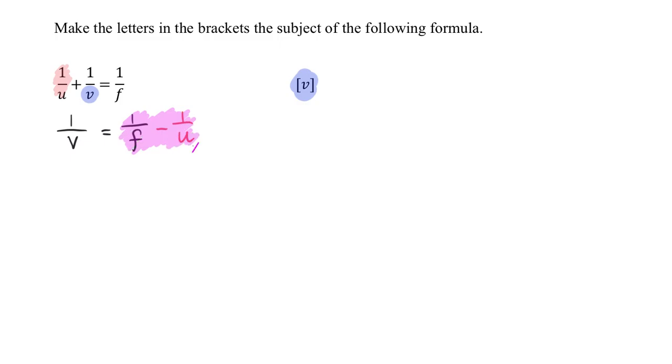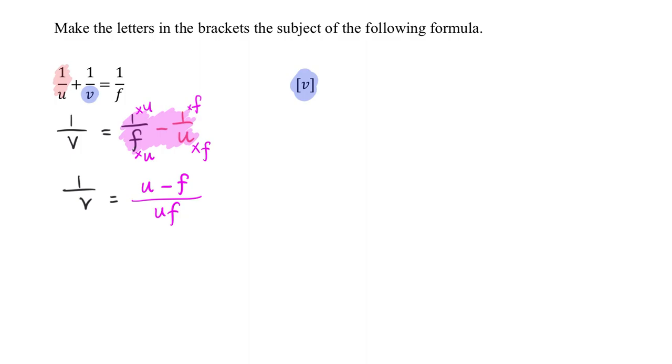Meaning, I'm going to times F times U, so that the common denominator is UF, and I would have U minus F. I still have my 1 over V here. Okay. Then what's next? Because they want V, they do not want 1 over V.